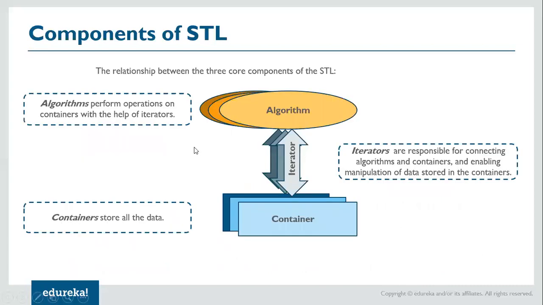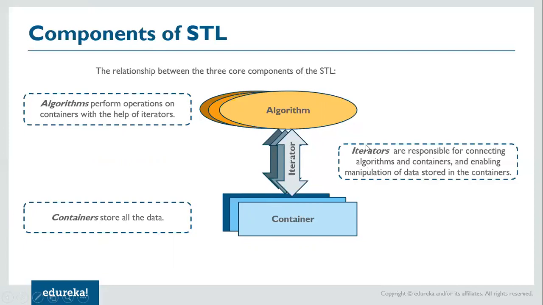So let us continue with our components of STL discussion. Now the relationship between the three core components of STL can be represented diagrammatically, as you can see here. So the container stores all the data. Then algorithms perform operations on the container with the help of iterators. As I've already mentioned, you access the elements with the help of iterators.